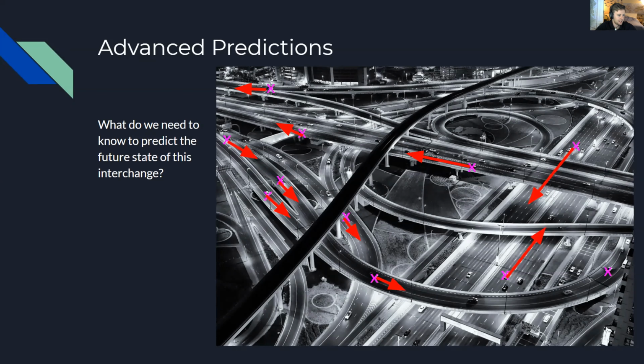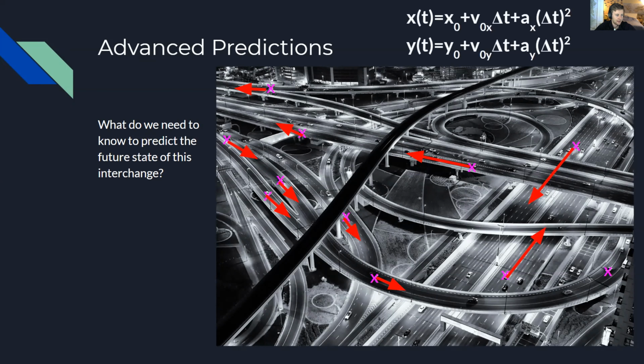We might even need to know some information about where they're trying to go, because that'll determine which on-ramp or off-ramp they're going to take. But the moral of the story here, without getting too deep into the weeds of how you would go about making this traffic prediction, is that we now have a lot more variables in play than to figure out where a train is going on a reasonably one-dimensional plane, right?